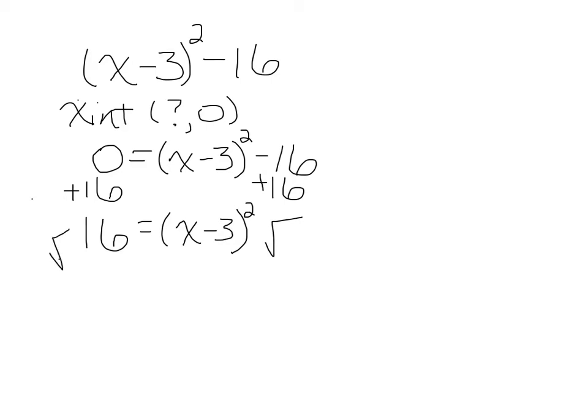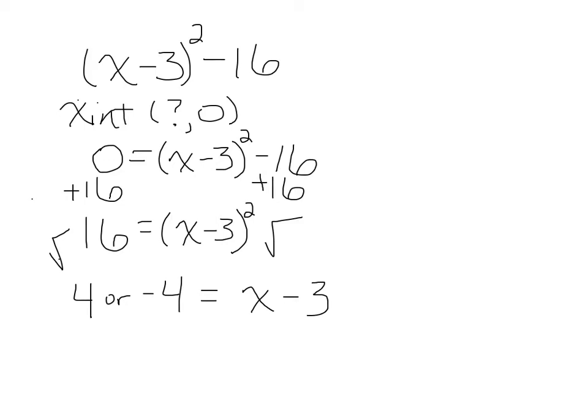If you take the square root of 16, you will get 4 or negative 4. Many mistakes happen because people forget that there are two answers. Squaring is not a one-to-one function. Taking the square root of a squared, those are inverses of each other, canceling each other out, leaving you with x minus 3.